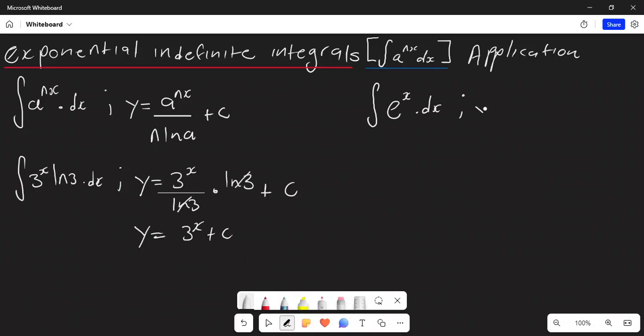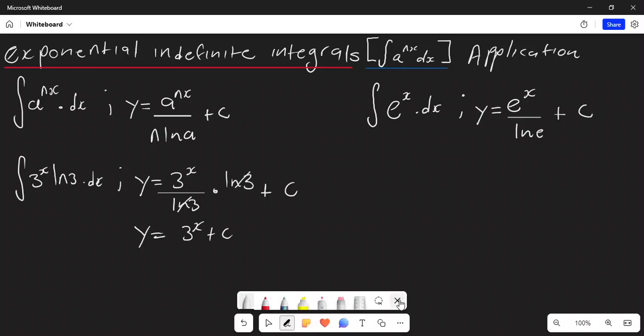In this case a is e, so we are fine. The exponent coefficient is going to be 1, so it's going to be x there, and then divided by, n again is 1, so we have natural log of the base, which in this case is e, plus c.